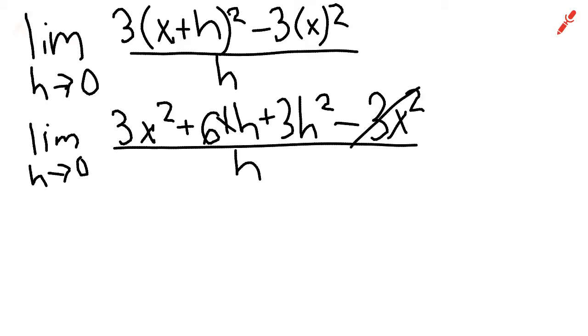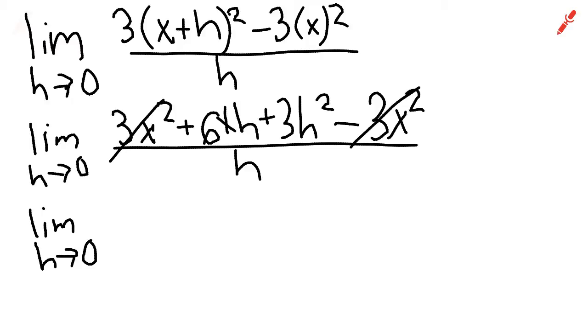We get rid of the 3x squared. Then we continue, and we have left 6xh plus 3h squared, all of that over h.